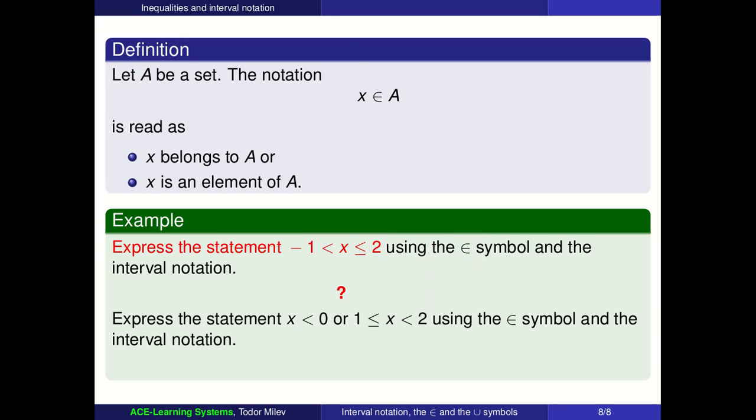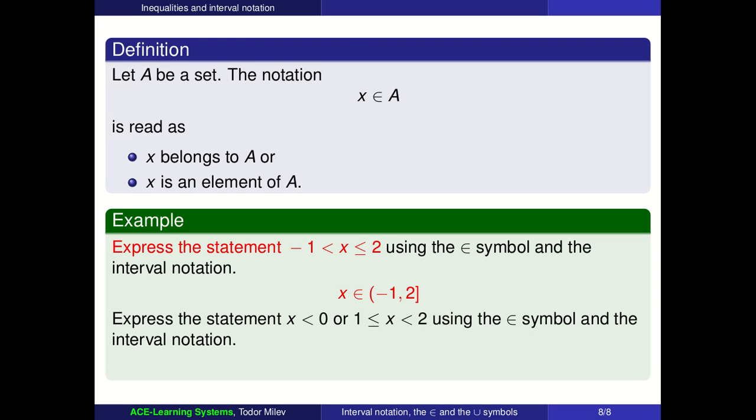So here's how that works. We write that statement in the following way: x belongs to the interval between -1 and 2. We already discussed that the set of those x that satisfy the two inequalities is given by the interval open parenthesis -1, comma 2 close bracket.